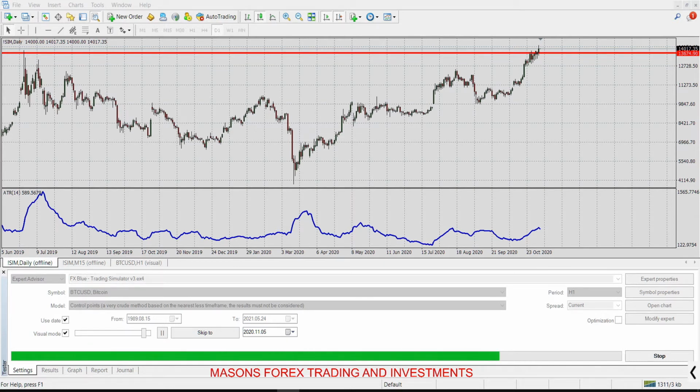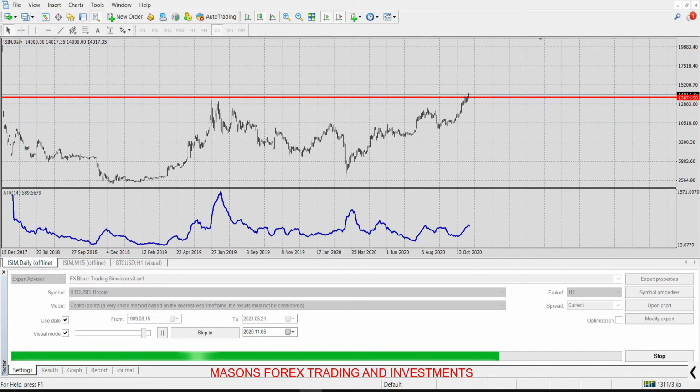So this is the MT4 platform, and I have the Bitcoin daily chart open. I've marked a significant value or area, which is 13,674.90.